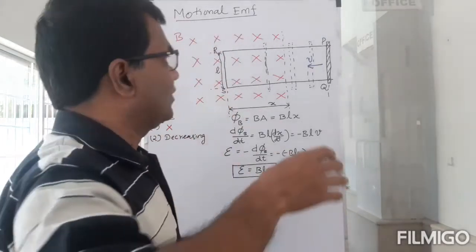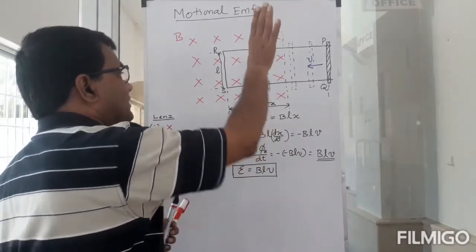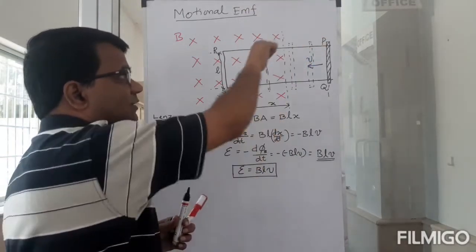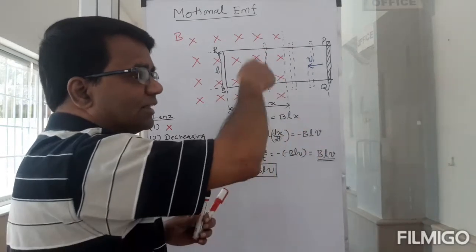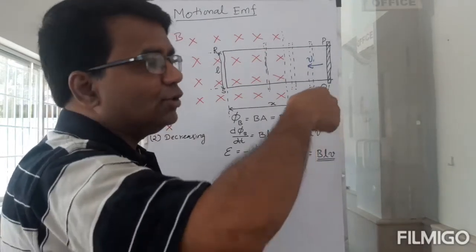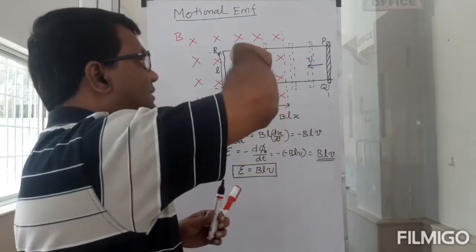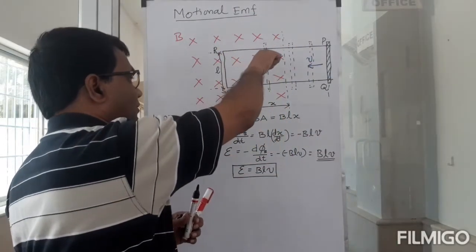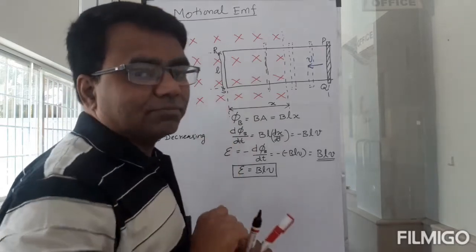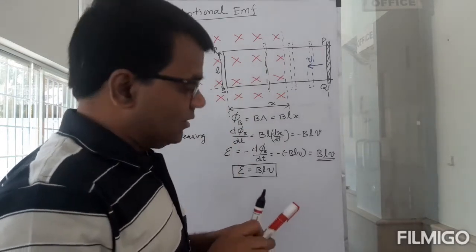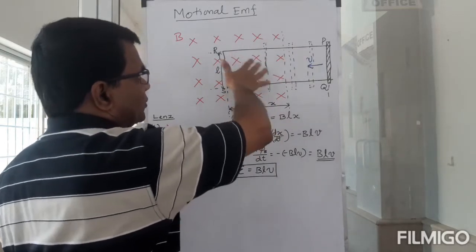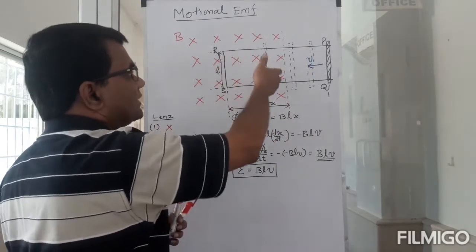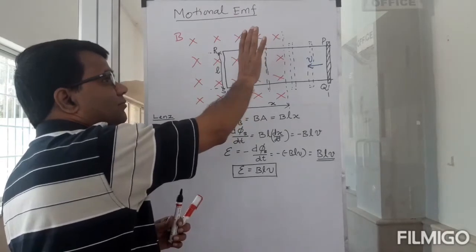Then what should happen? If this flux that is going into the board is reducing, then you have to increase it. Then how will you increase it? You will put the flux in the same direction. Then you will increase it. So this current which is flowing in the circuit must send flux in this direction.